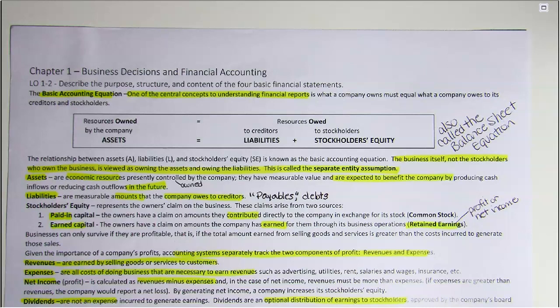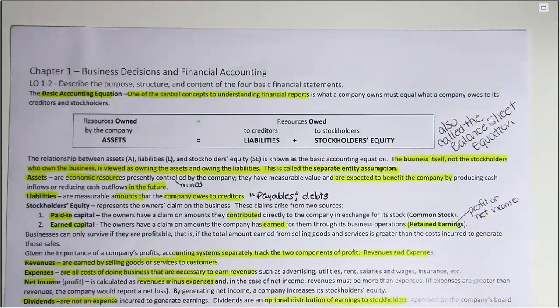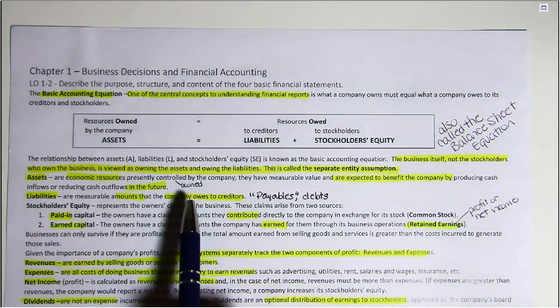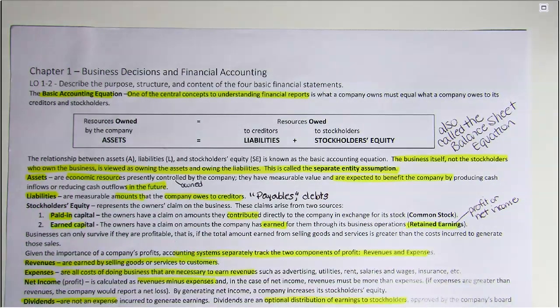What you want to focus on is that they are economic resources. They're valuable to the company because they are expected to produce a benefit for the company in the future by helping it to generate a profit. So focus on the words economic resources, and you could use the word owned instead of presently controlled by the company that provide a future benefit.